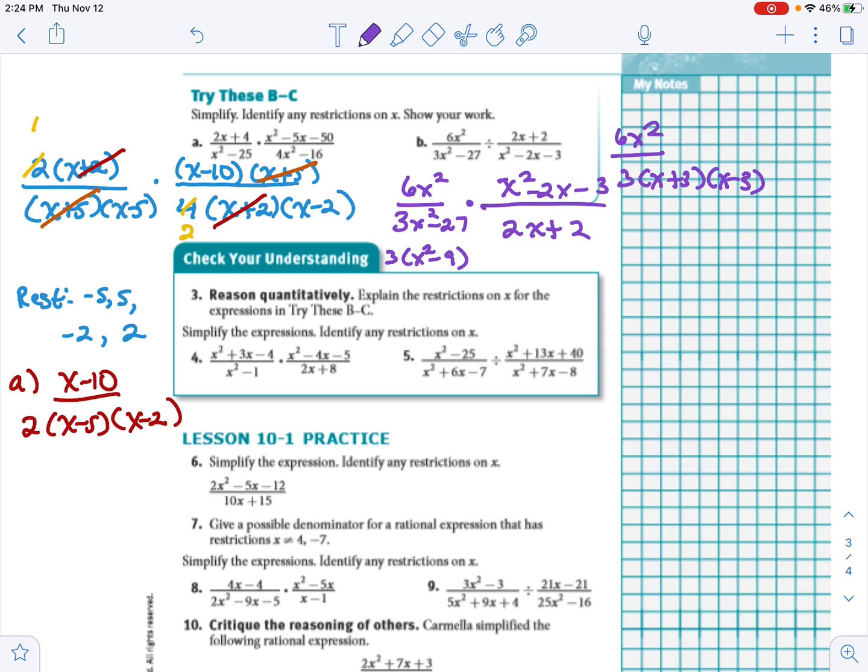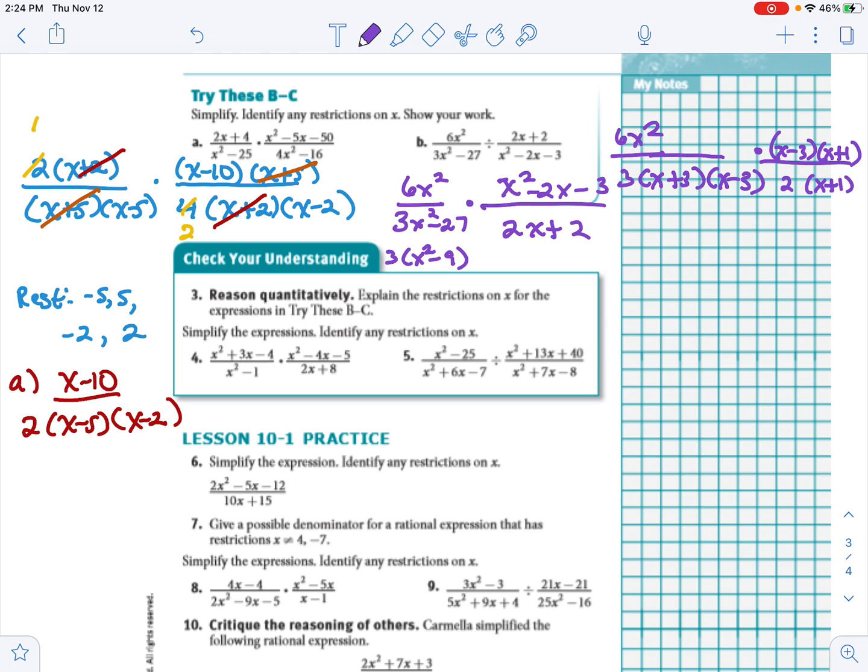And then on the other side, I have on top, let's see, that looks like it's going to be x minus 3 and x plus 1. And then on the bottom, GCF, 2 times x plus 1.